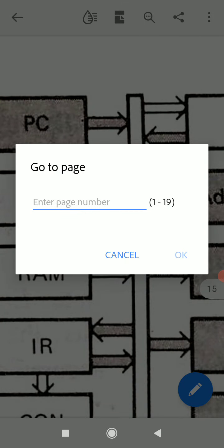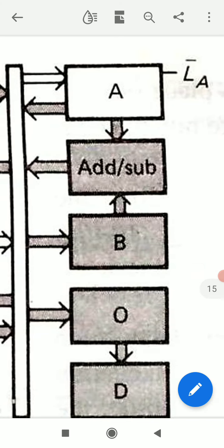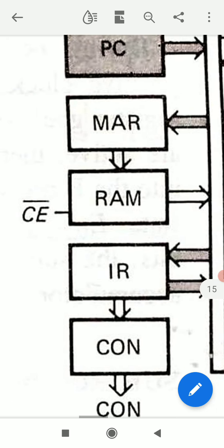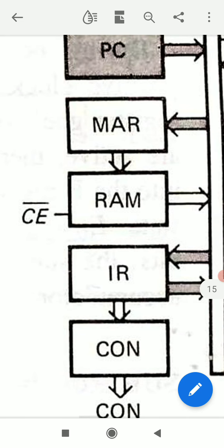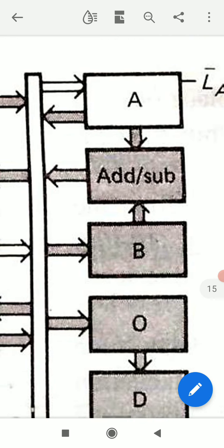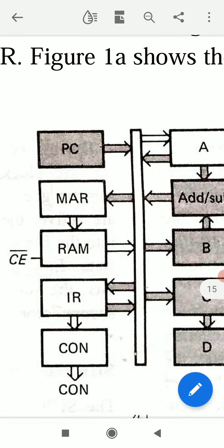So when CE bar is active and LA bar is active, the word in memory location 9H goes from memory, that is RAM, to accumulator A register. This is T5 state.